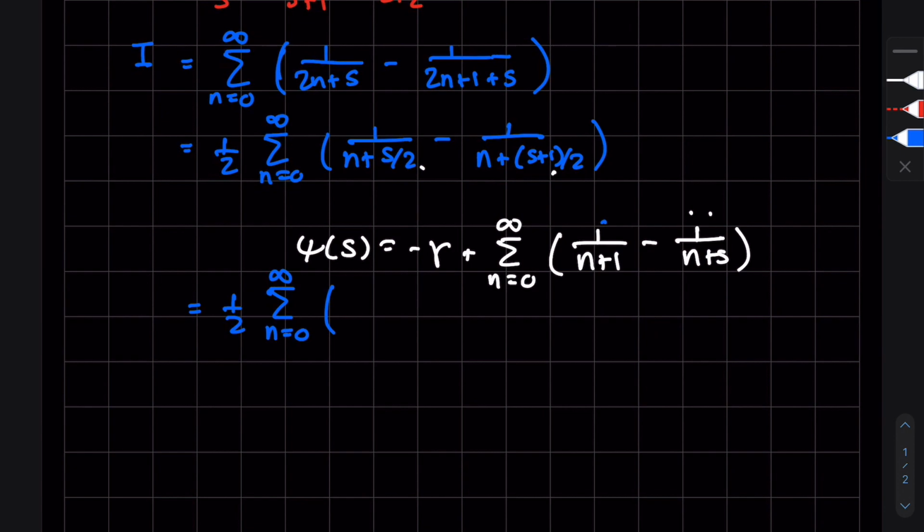So maybe I'll try adding it: 1 over n plus 1 minus 1 over n plus s plus 1 over 2. Now I have to subtract that 1 over n plus 1, and then add that term s over 2.